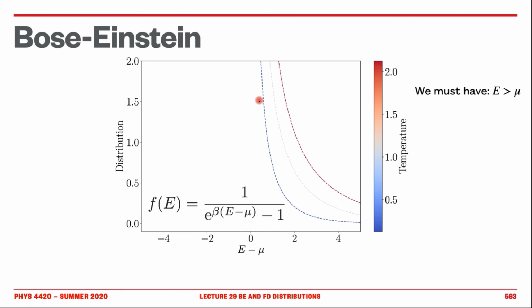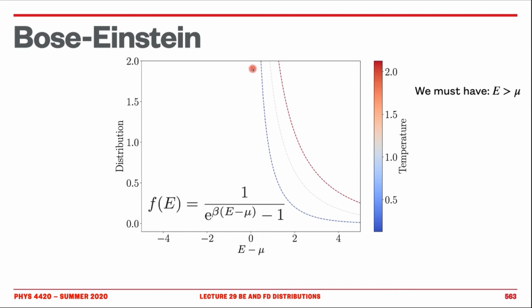Now, one thing that's very important to note is that this function is actually undefined below mu. If E minus mu is negative, the occupation will be negative, so it's not physical. What I'm trying to say is that these functions never go to the left of mu.